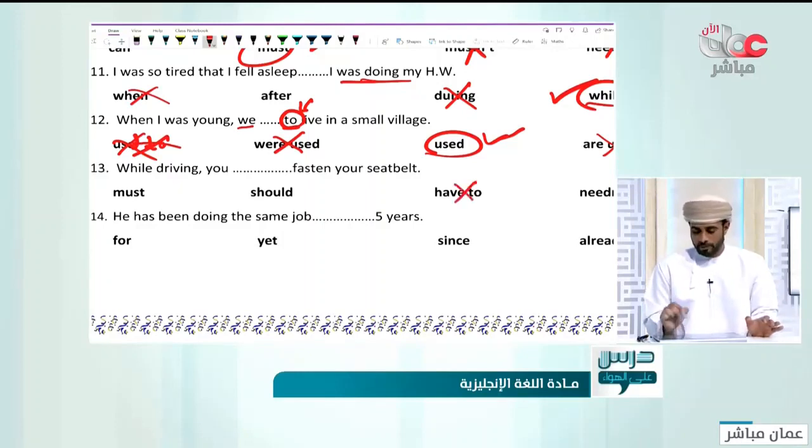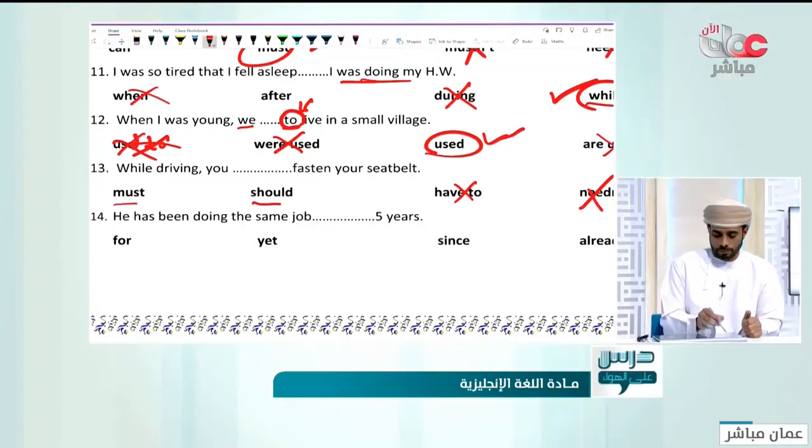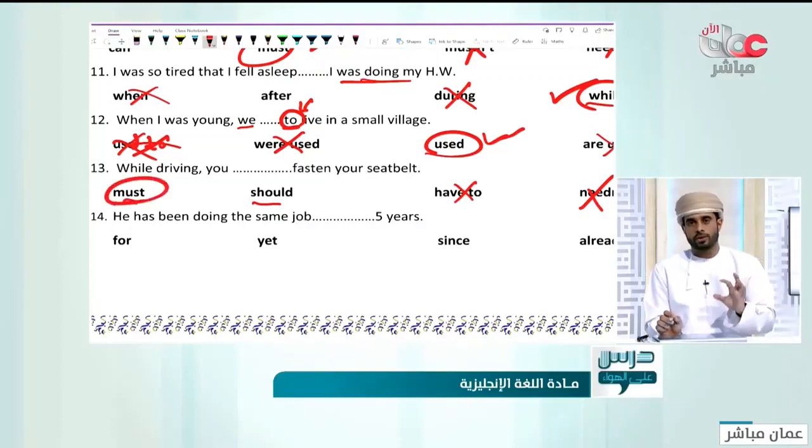No. Needn't fasten your seat belt? Needn't means that you don't need it. No, it won't work. So, is it must or should? Is it a must or is it an advice? Are you advising him only to put his seat belt while he's driving? It's stronger than an advice. So, it is must. It's a rule there, so you have to do it.